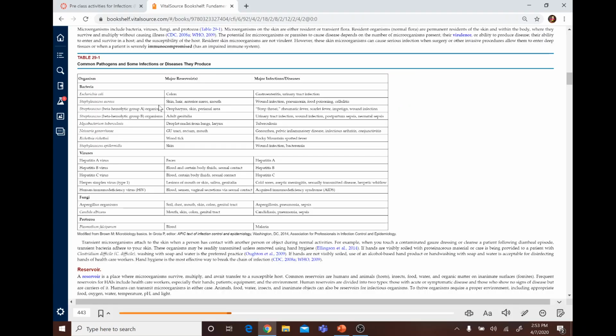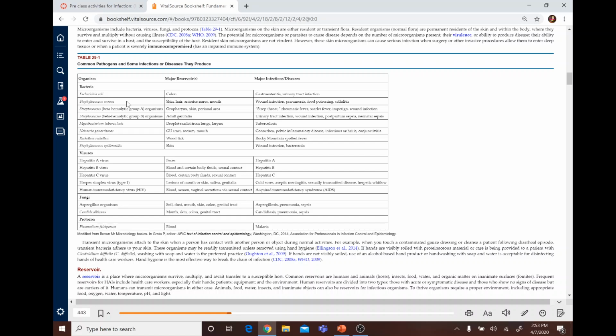And now we're going to talk about some pathogens. What is the major reservoir for E. coli? The colon. And what are the major infections and diseases that E. coli causes? Gastroenteritis and UTI.